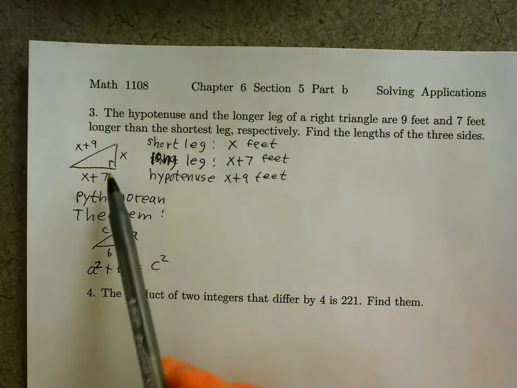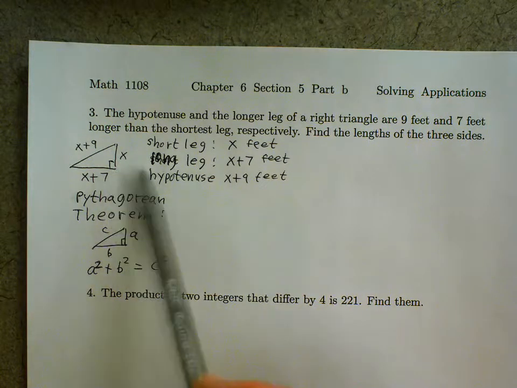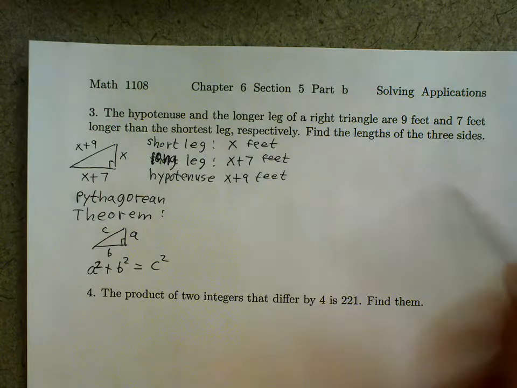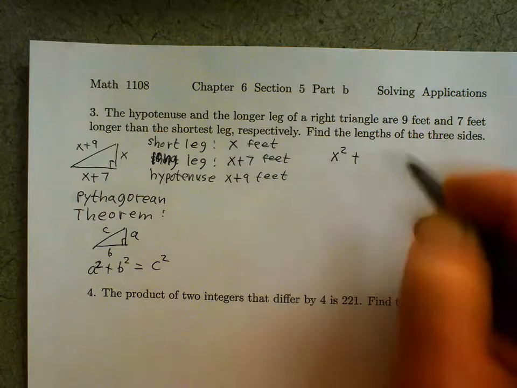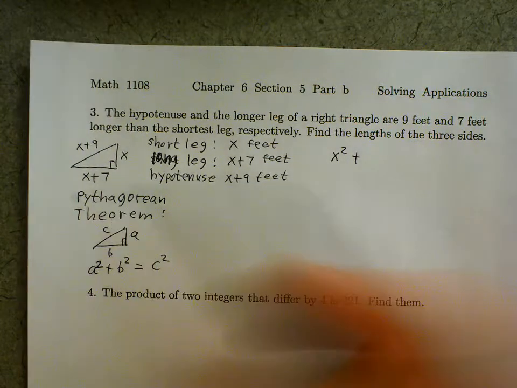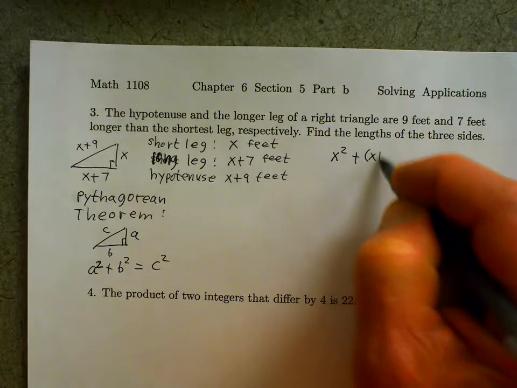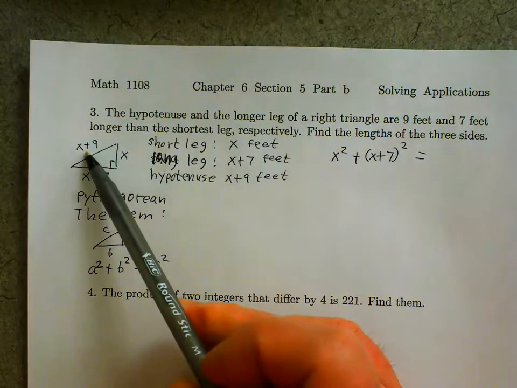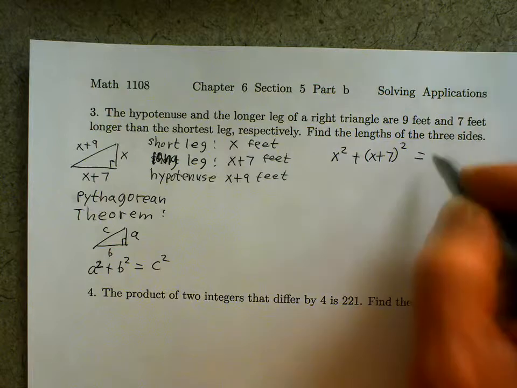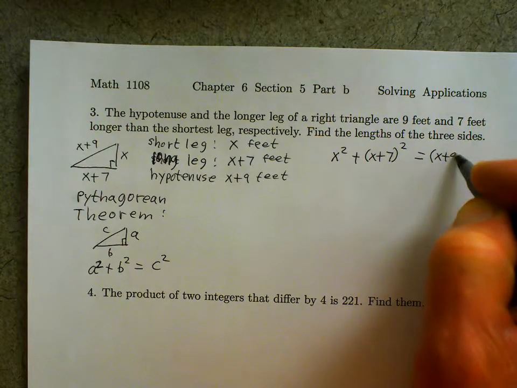Okay, so we apply the Pythagorean theorem to this right triangle. So if we square the short leg, x squared, and add that to the square of the long leg, so this is x plus 7 quantity squared, that will be equal to the square of the hypotenuse, or x plus 9 quantity squared.